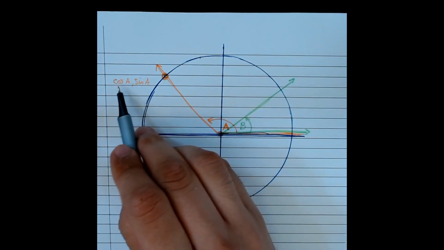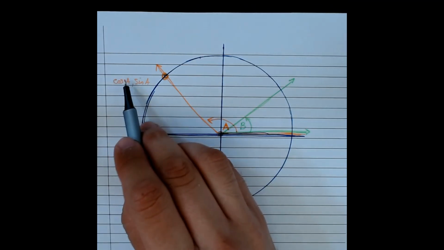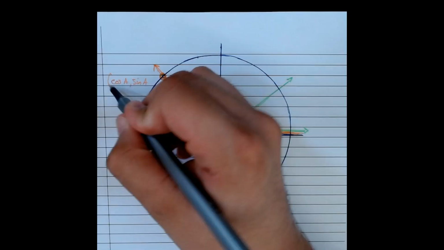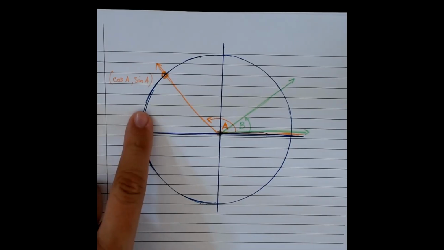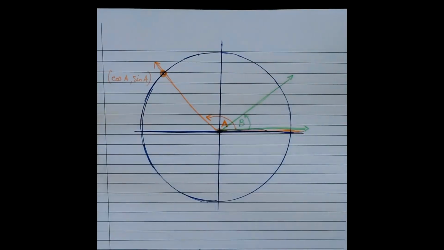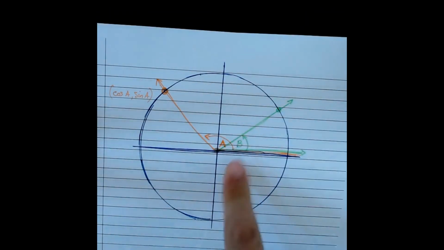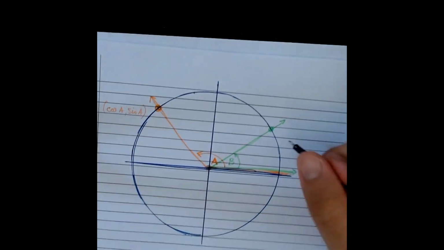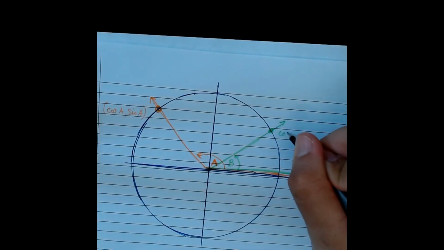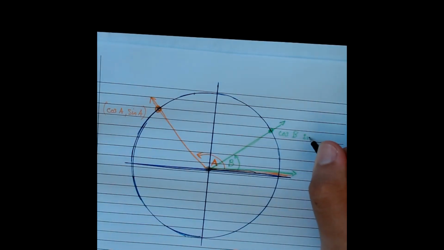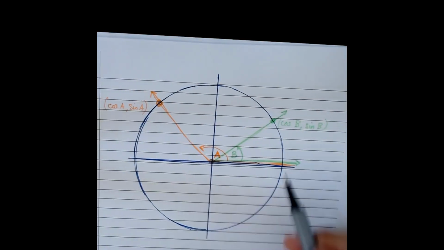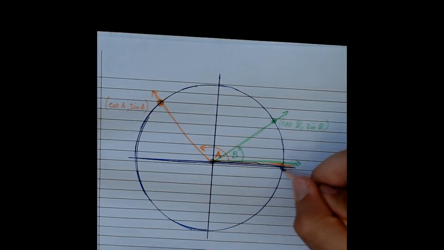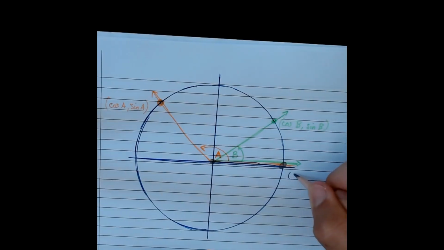The x-coordinate, the first coordinate, is the cosine of the angle. The second coordinate is the sine of the angle. So I'm going to label them exactly that way. Instead of x and y, I'll say cosine of A and sine of A. Likewise, over here, this point is going to be, for B, the cosine of B, sine of B. Now, this point is common to both of them, and that's the point given by 1, 0.